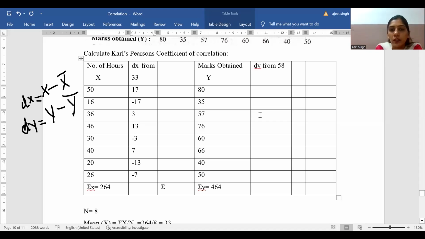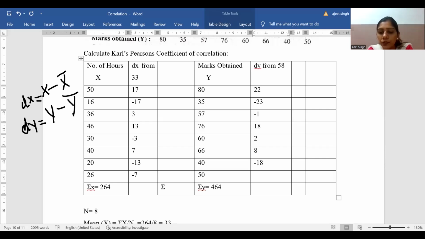Now, same, we have to calculate the value of dy with the help of mean of y. 80 minus 58 is 22. 35 minus 58 is minus 23. 57 minus 58 is minus 1. 76 minus 58 is 18. 60 minus 58 is 2. 66 minus 58 is 8. 40 minus 58 is minus 18.